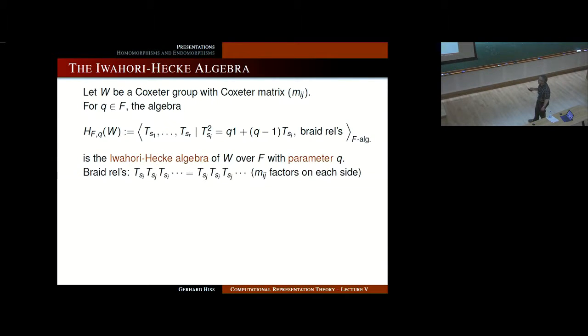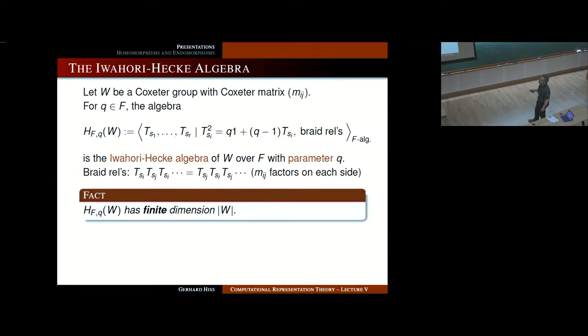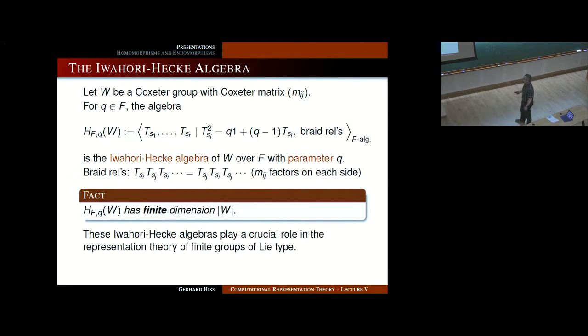And you have these braid relations. And this is one of the important facts. If W is finite, then the algebra has finite dimension, equal to the dimension of W. There are basis elements in bijection with W. These Iwahori-Hecke algebras are very crucial in the representation theory of finite groups of Lie type.